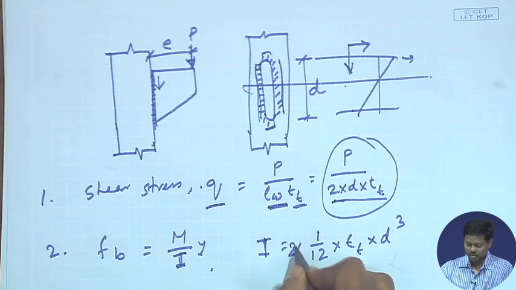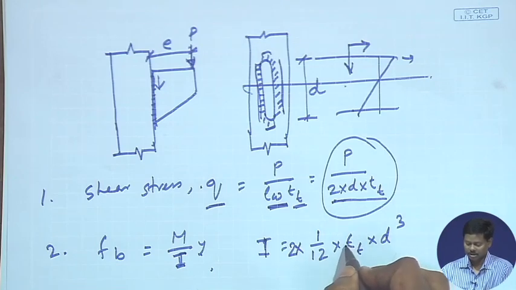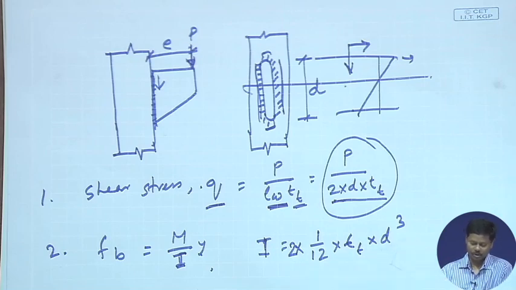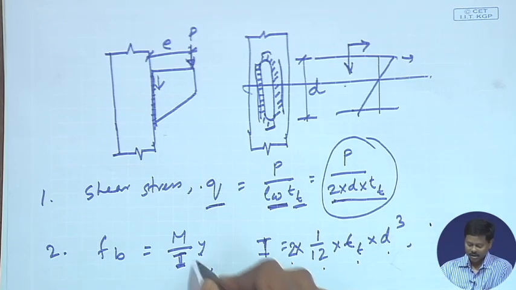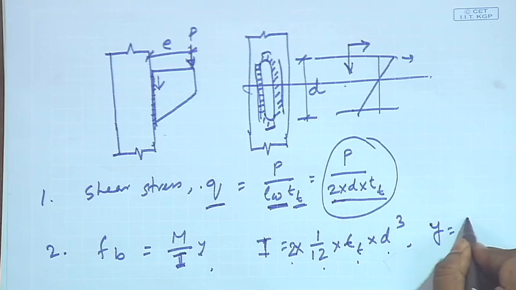So I will be 2 into 1 by 12 into tt into d cube, and this y will be d by 2.